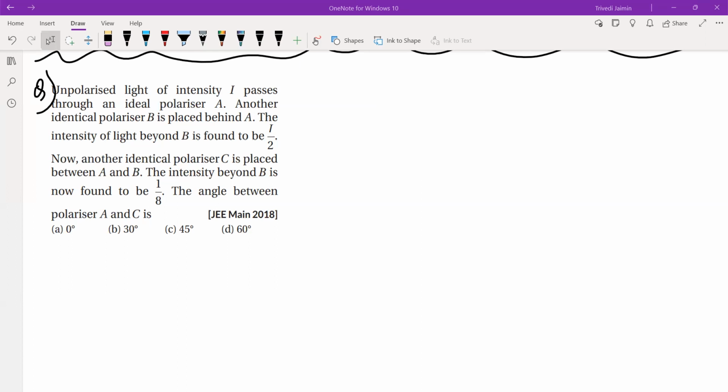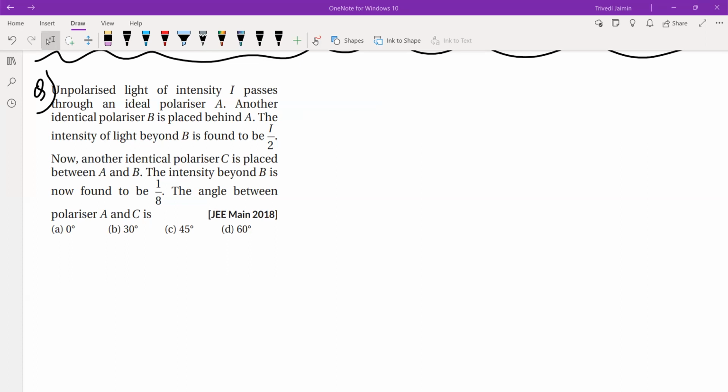Area? Tell me. Vishwa? Yes or no? Tell me.